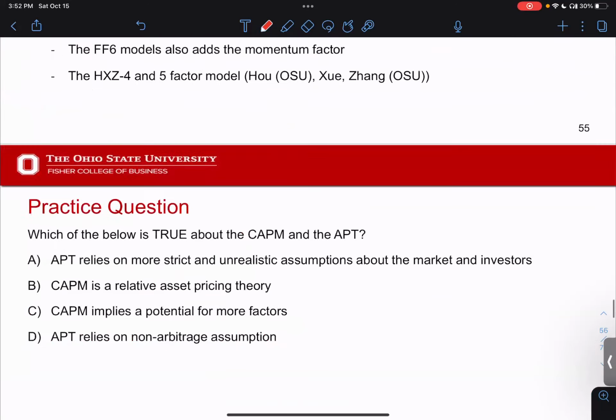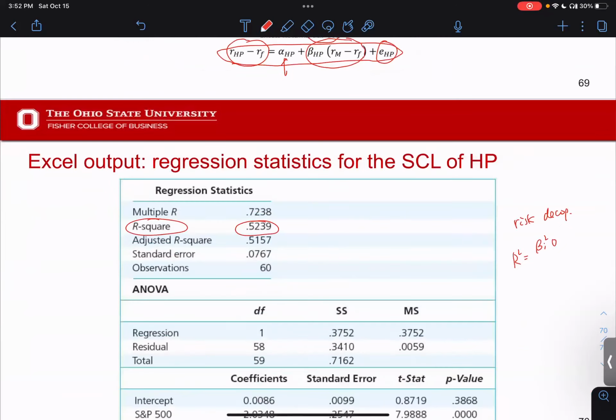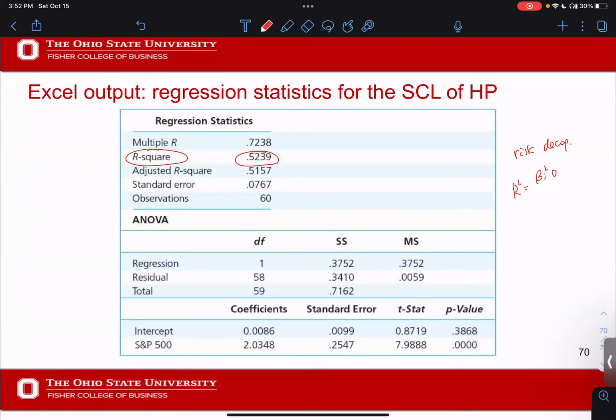Here, this R square is different, but it's a similar idea. Intuitively they are very similar, although the formulas are not equivalent mathematically, but intuitively they are very closely related.